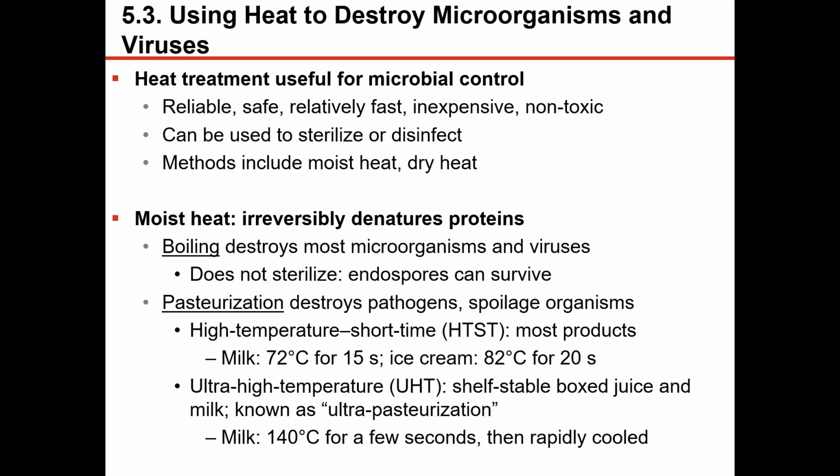Now, the other one that you see there is ultra high temp. This is going to be for boxed juices. So any of your juices that you buy at the store that are in like Capri Suns, things like this, are going to be typically done with an ultra high temperature. And this is going to be also milk.